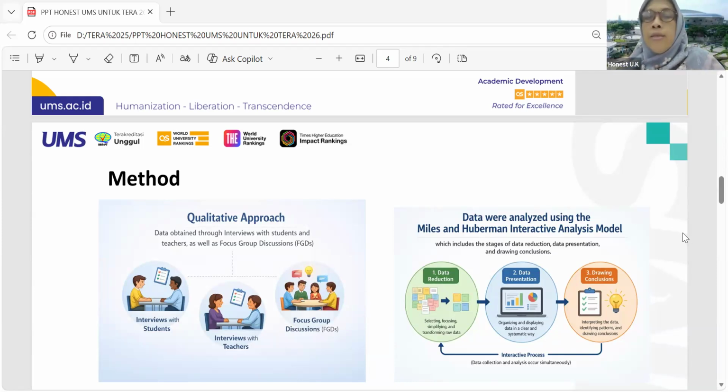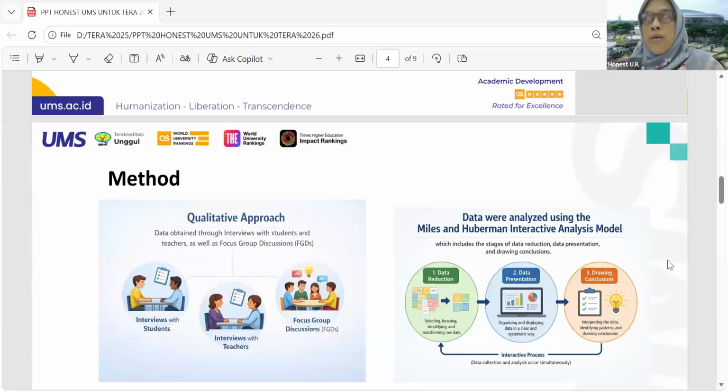Next is the data analysis. Data were analyzed using the Miles-Huberman Interactive Analysis Model, which includes the stages of data reduction, data presentation, and drawing conclusions. First, data reduction: we select, focus, and simplify the raw data. After that, the data was organized and displayed in a clear and systematic way.